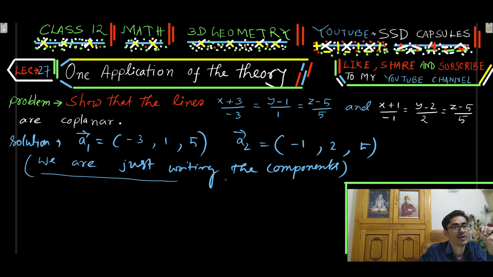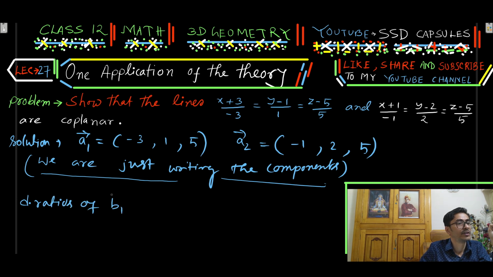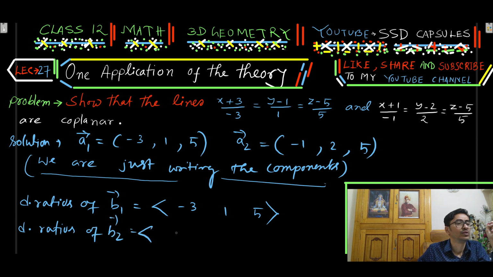In the examination hall don't write this. In the examination hall you simply write A1 vector equals minus 3 i cap plus j cap plus 5 k cap, A2 vector equals minus i cap plus 2 j cap plus 5 k cap. And the direction ratios of B1 vector are minus 3, 1, 5 and the direction ratios of B2 vector are minus 1, 2, 5.